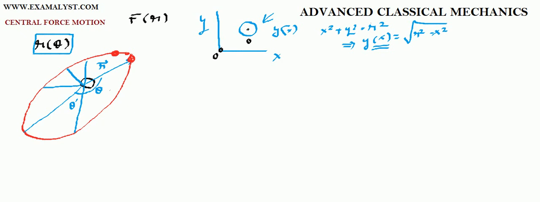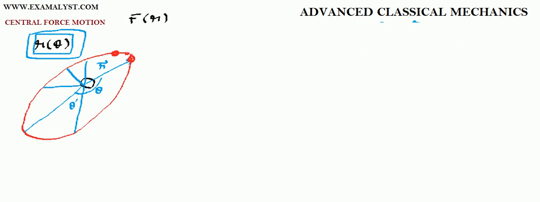Similarly, if I can find the equation that tells me what will be r in terms of theta, then I can easily predict the orbit around which the planet is moving. So that's my target. I hope you understand why we are trying to find r as a function of theta. Now the question is how we can proceed, what to do.